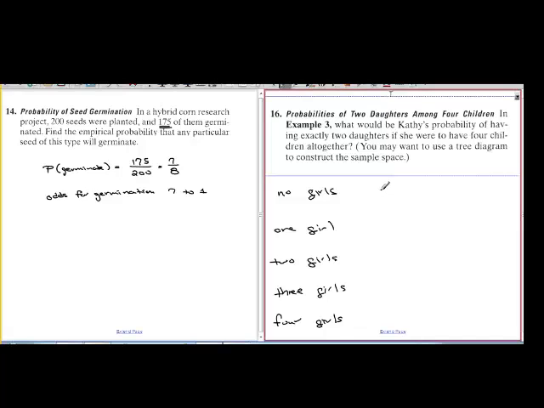The number of arrangements for each one of these would be taking 4 things 0 at a time, 4 things 1 at a time, 4 things 2 at a time, 4 things 3 at a time, and 4 things 4 at a time.